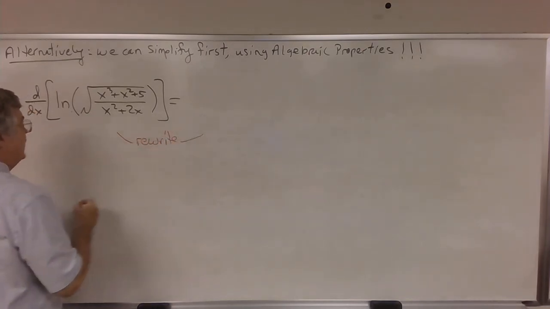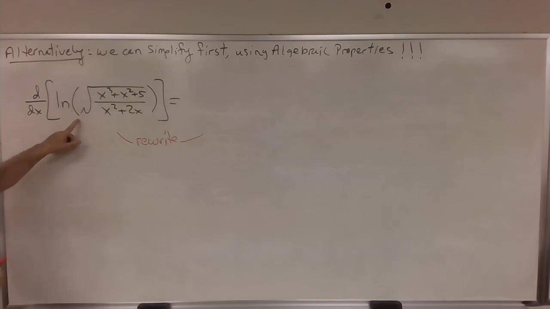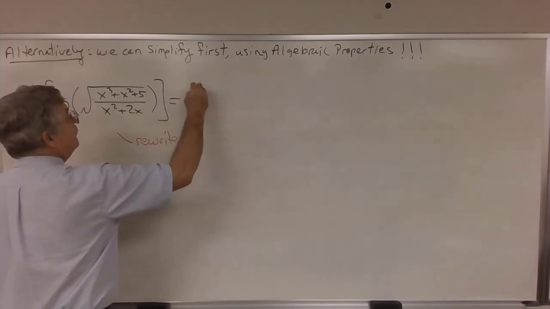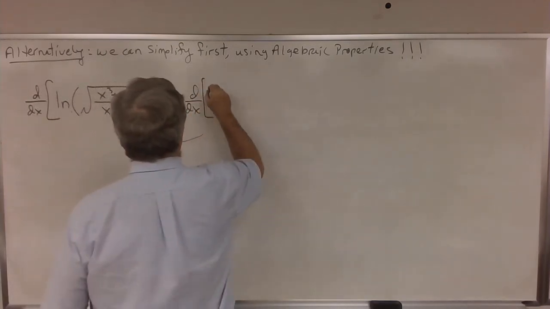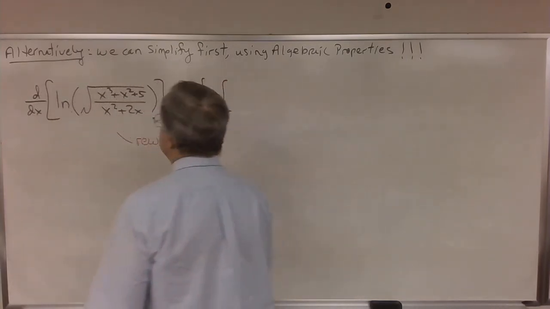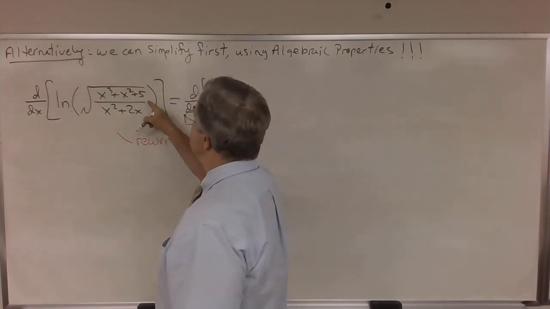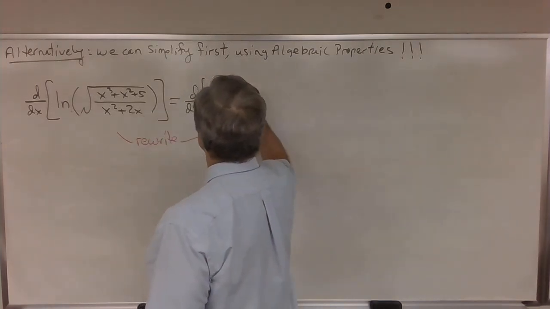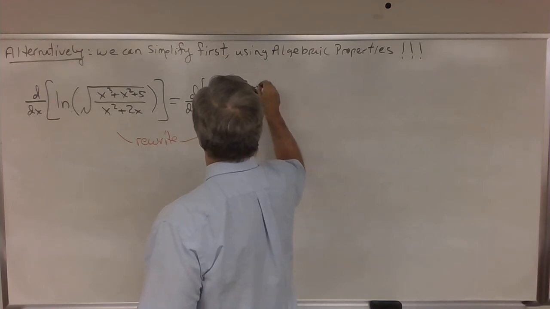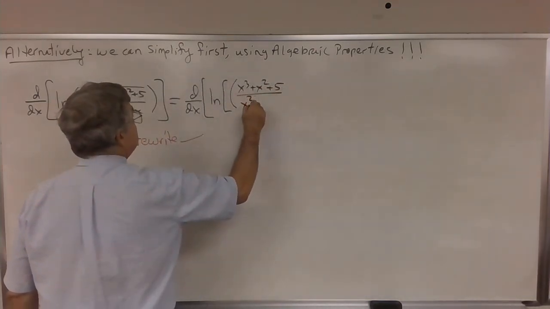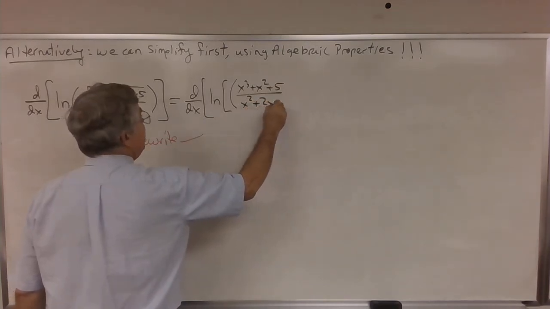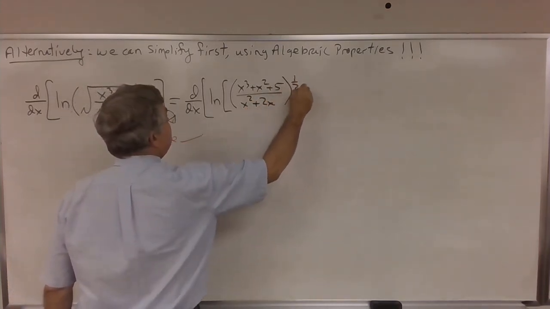And typically, whenever I see a square root, I'm thinking rewrite for sure. So, first thing, get rid of that radical sign. And instead, I'll write it as something to the 1/2. X cubed plus x squared plus 5 over x squared plus 2x. That whole thing to the 1/2.